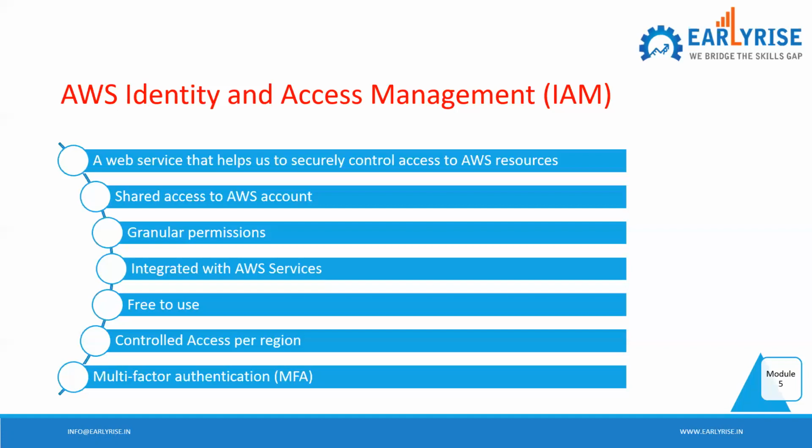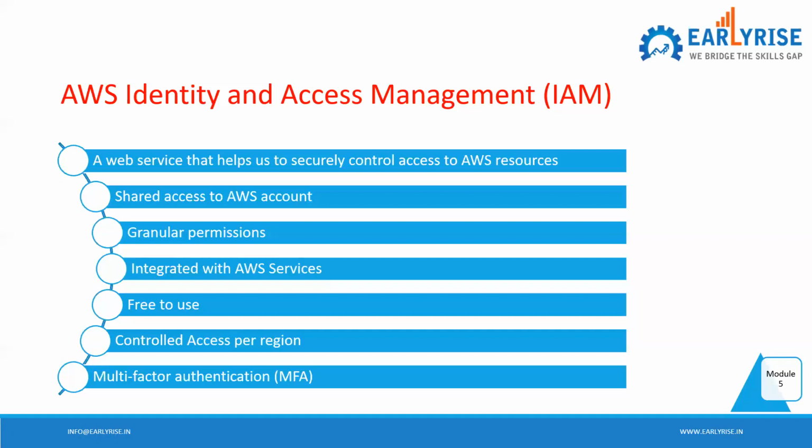Now it gives controlled access per region option also. So what does it mean? Controlled access per region, we can do that configuration actually. We can assign a security policy to a particular IAM user. There we can control access to any particular resource in any particular AWS region also.